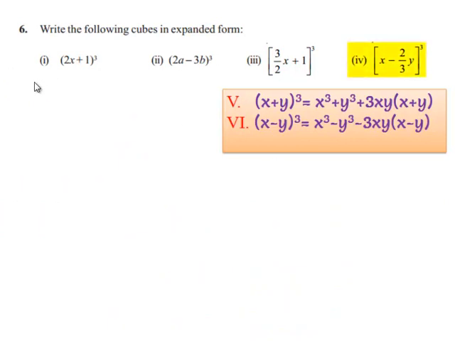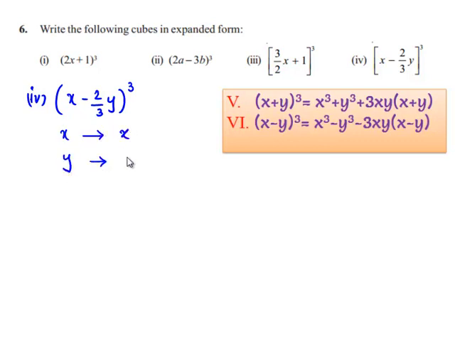Coming to the fourth problem, which is (x - 2/3 y) whole cube. In order to expand the given bit, we need to make use of the sixth identity, which is (x - y) whole cube is equal to x cube minus y cube minus 3xy multiplied by (x - y). If we compare the given bit with the sixth identity, we get x as x and y as 2/3 y.